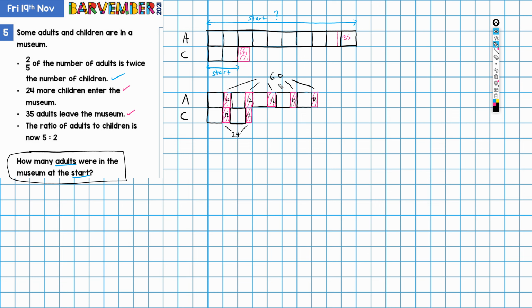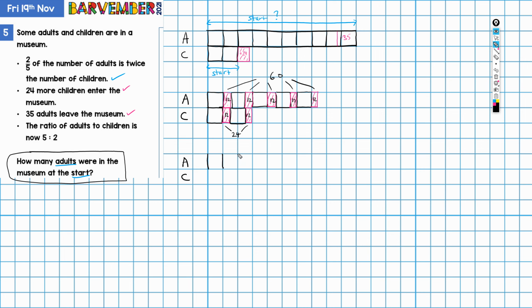Right. Now, what I'm actually going to do is redraw this, so that you can follow my thinking. So I'm now going to redraw this again. So adults and children. And what do the adults have? Well, the adults have 1, 2, 3, 4, 5 of these bars.